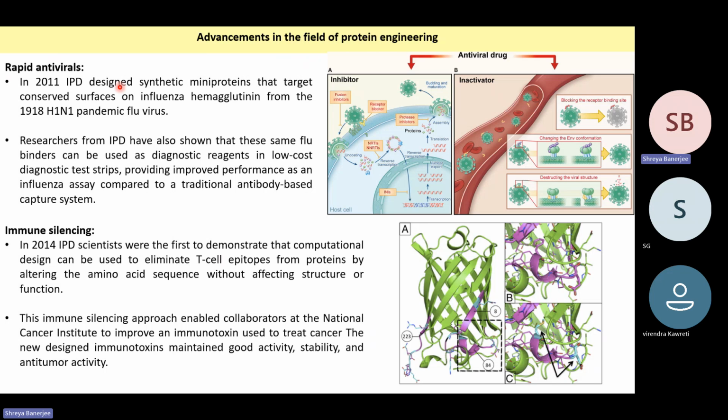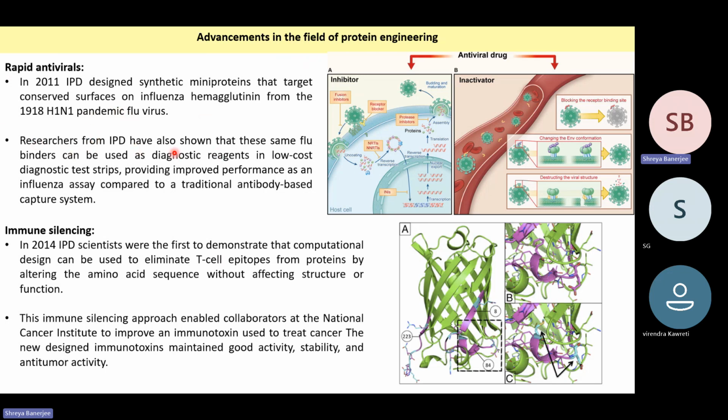In 2011, IPD designed synthetic mini proteins that target conserved surfaces on influenza hemagglutinin from H1N1 pandemic flu virus. So this mini protein again has been completely designed by protein engineering. It was a de novo protein that was designed from scratch, and it has shown very good effects.